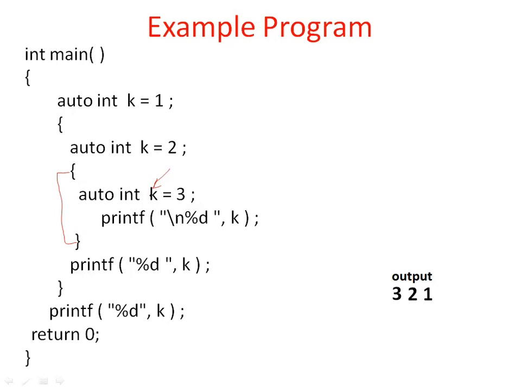That means you can access this variable k only within this block, and the lifetime of this k is as long as the control is within this block. Once the control leaves this block and comes here, the memory for this k will be released. This is the behavior of a variable with auto storage class.